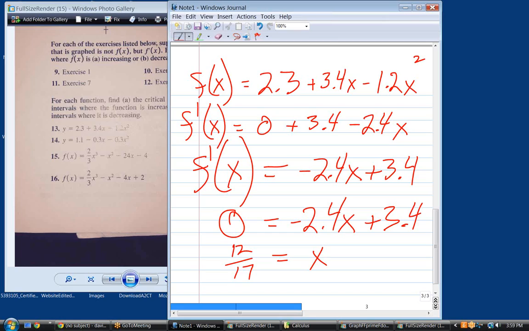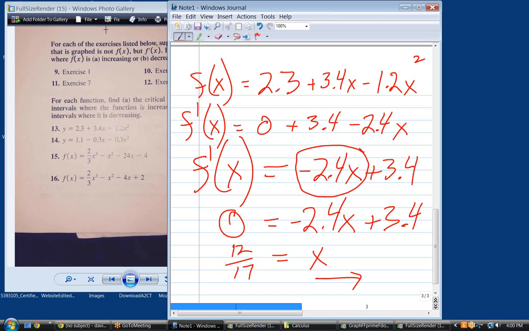It's to the left. In other words, when x is precisely 12/17, this thing is 0. That's how I got 12/17. And I can see that as x goes to the right of that, that becomes a bigger negative number than 3.4. So when I go to the right of 12/17, the first derivative becomes negative.